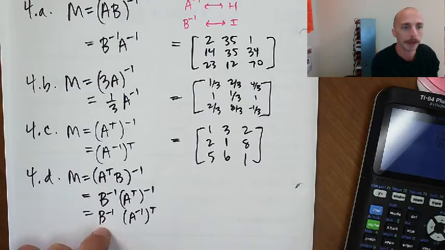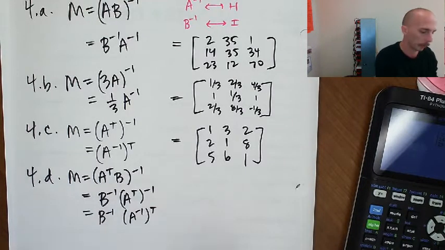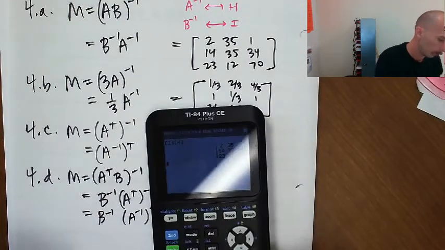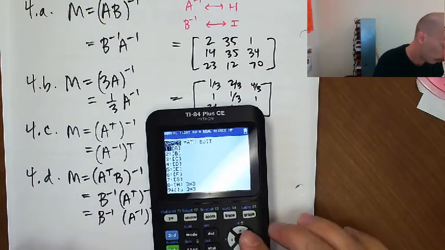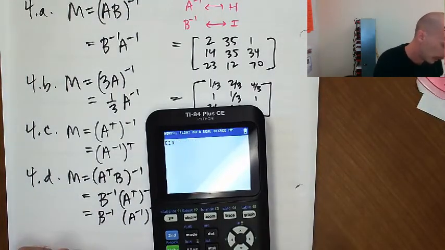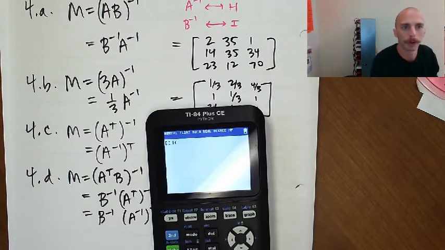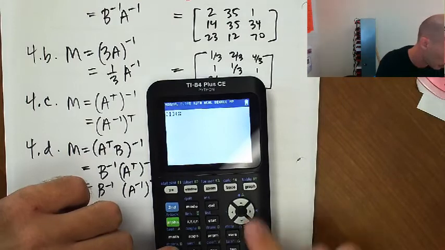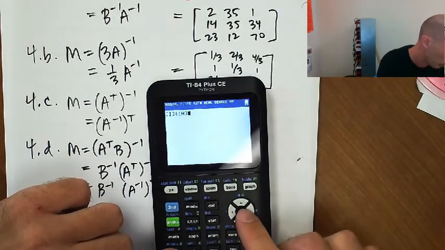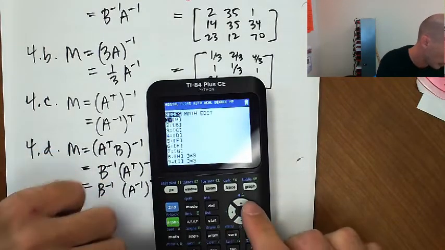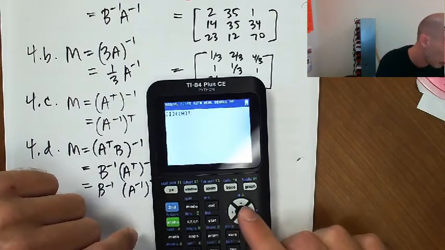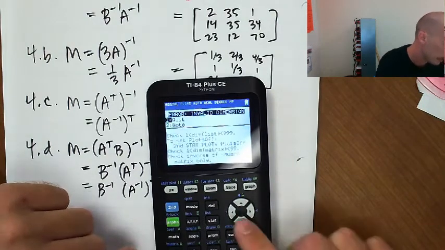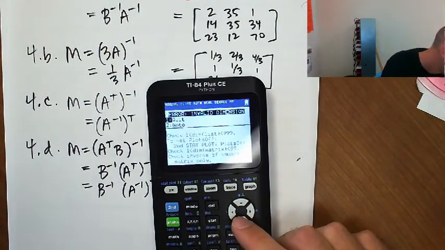That's going to be I multiplied by H transpose. All right, so I'm going to call for I. And then I don't know what the order of operations is, so I'm going to just put a parenthesis around this, but I don't think that would be necessary. Call for H and transpose it. I got to think it's up here in math. Yep, there it is. And invalid dimension.